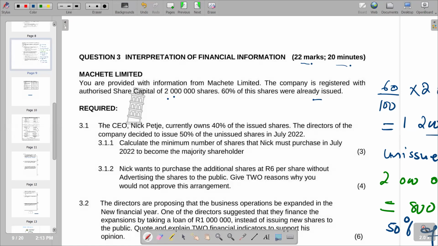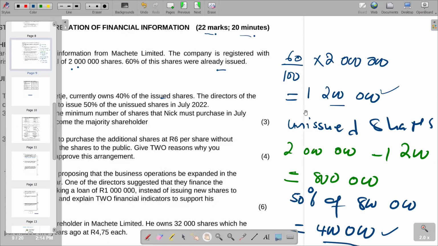At 3.1, it means that the CEO, Nick Page, currently owns 40% of the issued shares. Remember, the issued shares are 60% of 2 million, and we calculated that as 1,200,000.